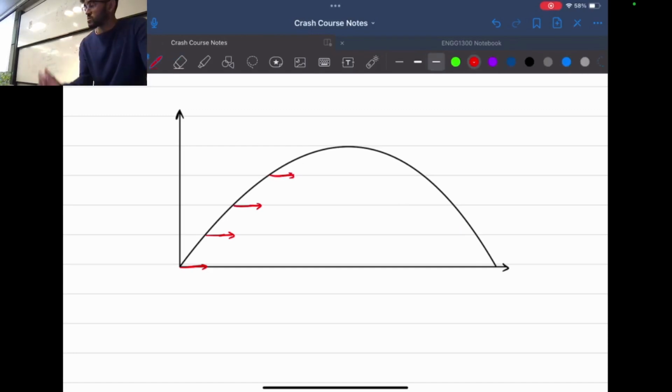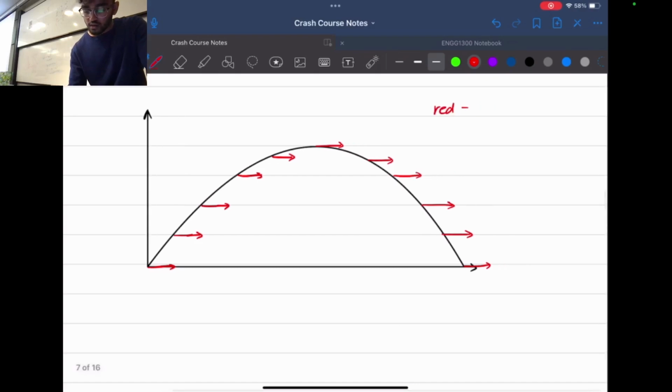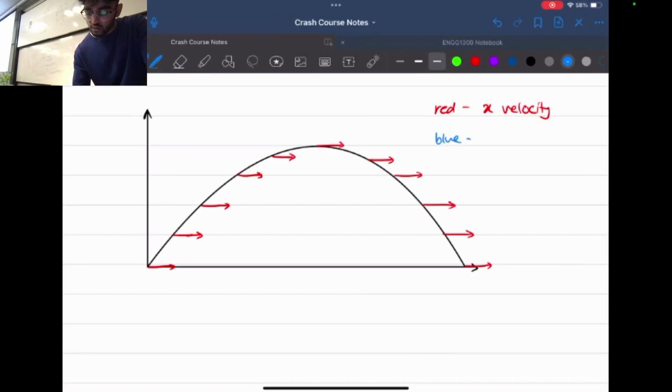It will always be the same at any point, and it will always be pointing in the same direction. So I'll say red is our x velocity, and blue will be our y velocity.